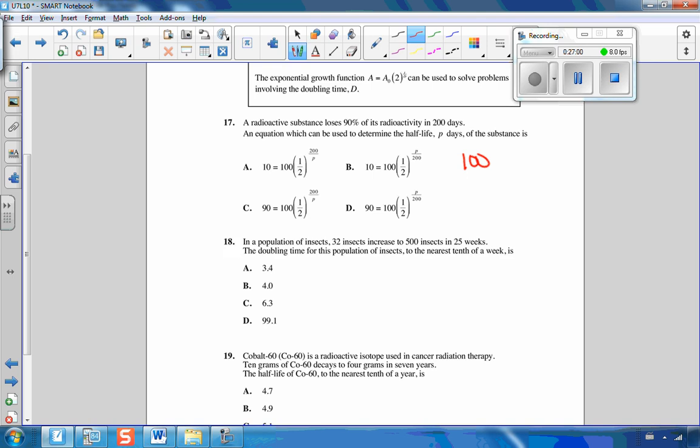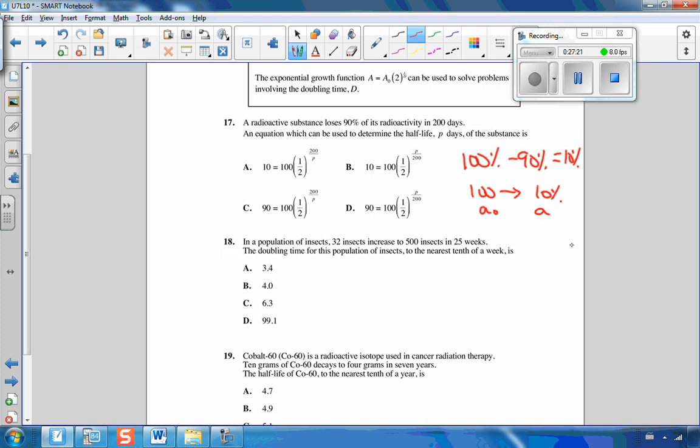So if I have 100% minus my loss, I'm keeping 10% from case to case. So I'm starting with 100% and I'm going all the way down to 10%. So this will be my initial value and this will be my final value. Oops, I'll use an A for that.